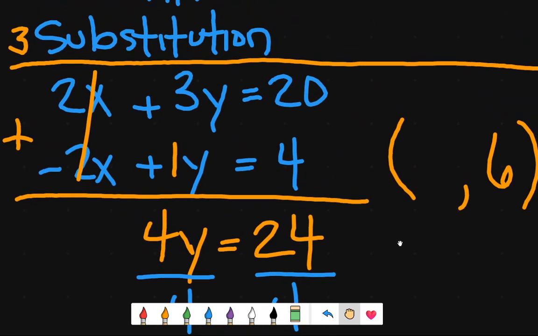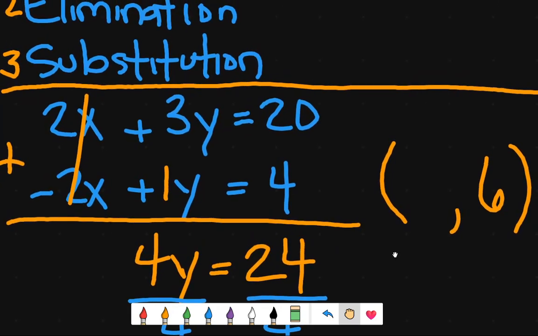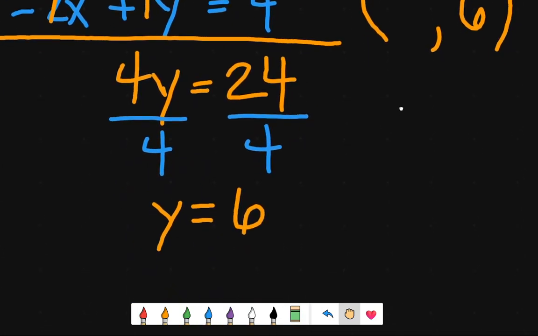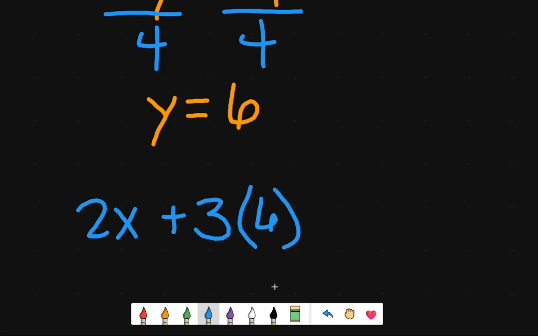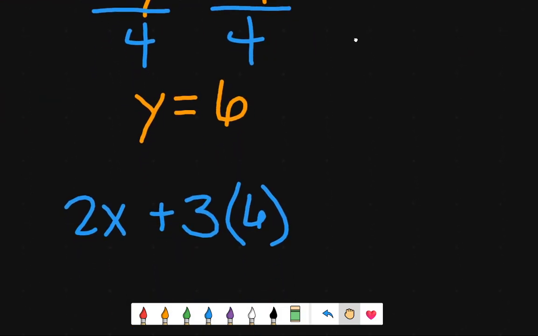Wherever a y is in the first equation, 2x plus 3y equals 20, I'm going to substitute 6. So let's do it now, and we'll get 2x plus 3 times 6, and that is going to be equal to 20.